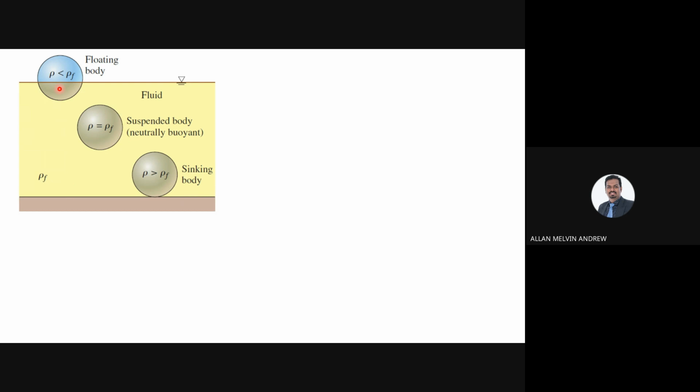So you need to throw out all the water from the detention tank. Once you throw out the water, the submarine will come to the surface. So that is how the densities will help you to float, suspend, or sink in the water. This is the same principle we are using in daily life when we swim, when the ship is floating on the sea, and also for the submarine.